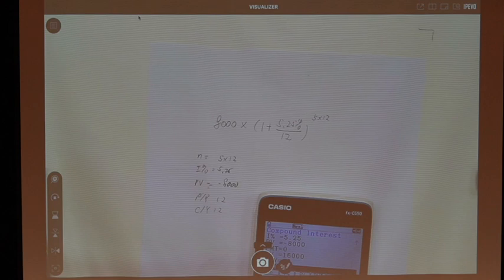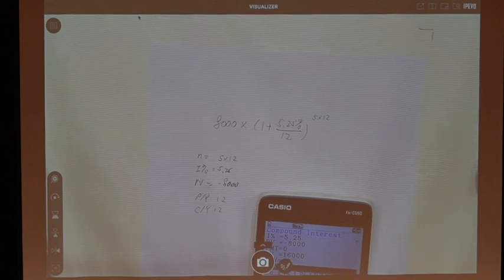You deposit, so money goes away from you, from your account to the bank. So the money is not with you anymore, so it's minus. The future value is the money coming back to you. Okay? Does it make sense to you? Money leaves you and money comes back to you. Alright, any further questions?